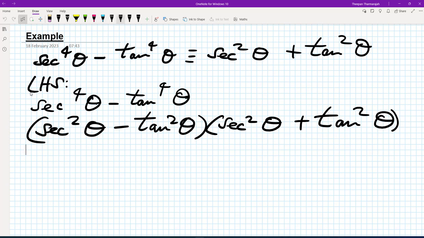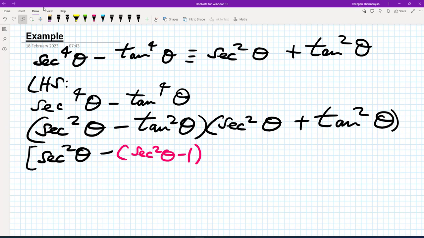So I need to make the first bracket to be 1. Well, I can do that by saying sec squared theta minus tan squared theta is the same as sec squared theta minus 1 times by this thing.